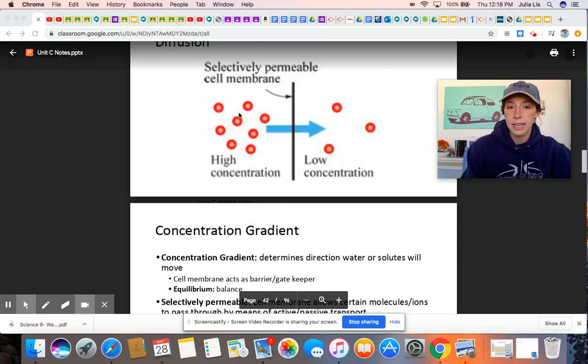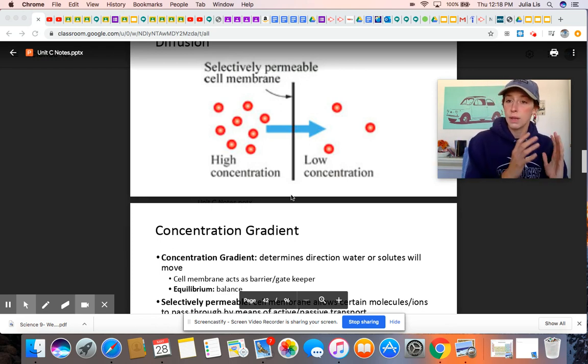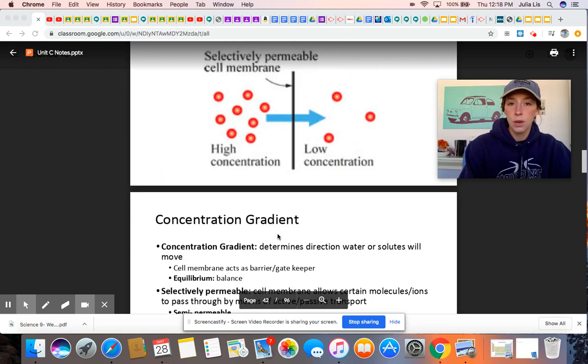It's going to dictate that it's more concentrated on one side and that there's a lower concentration on the other. Whatever that barrier is, typically a cell membrane, it defines two sets of concentrations, one high and one low. So it's not actually a structure, the concentration gradient.